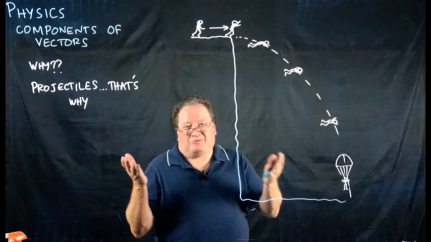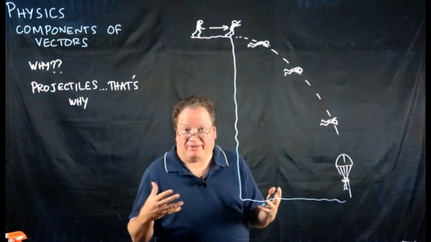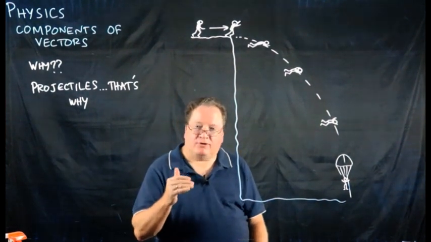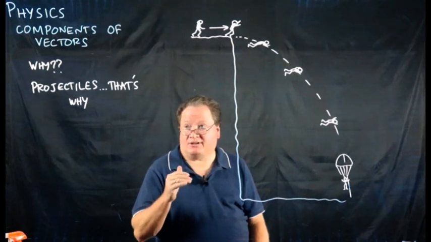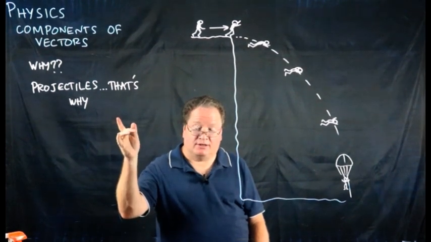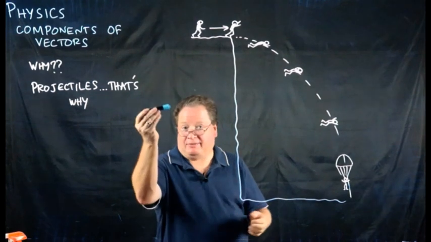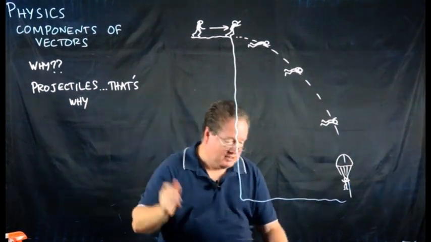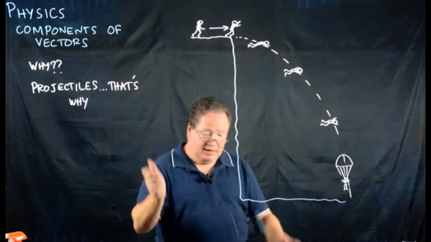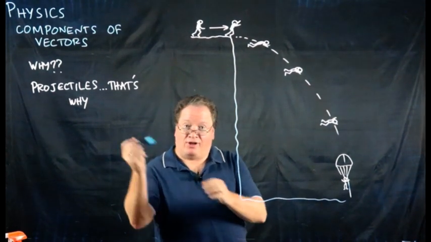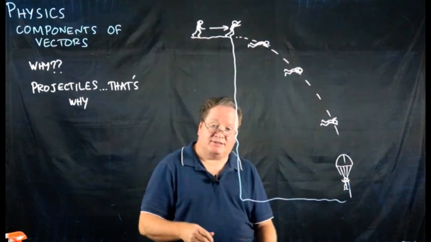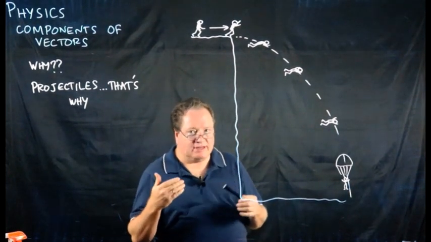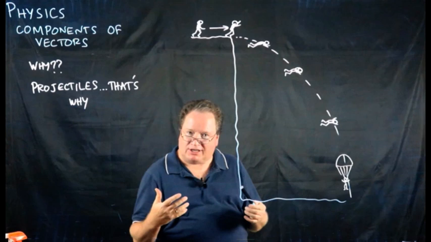So you might ask, why do we need to worry about components? Well, we're going to be moving into a section where we start talking about projectiles. And you see projectiles all over the place. If I take my marker here and launch it, it's a projectile. As that projectile falls, you'll notice it starts off with one kind of motion, but then it changes over time.